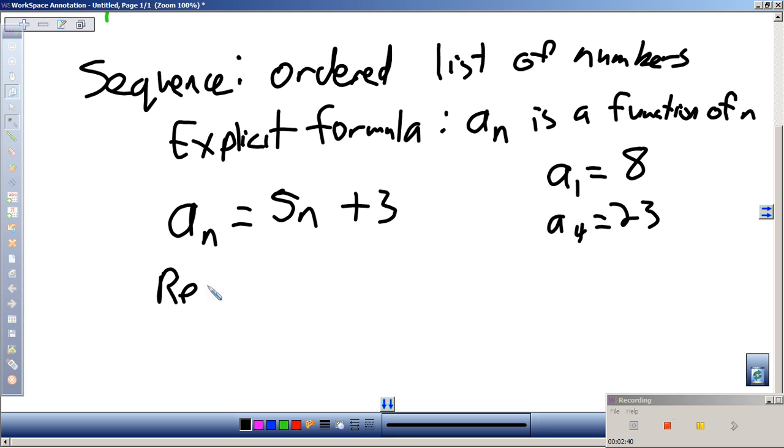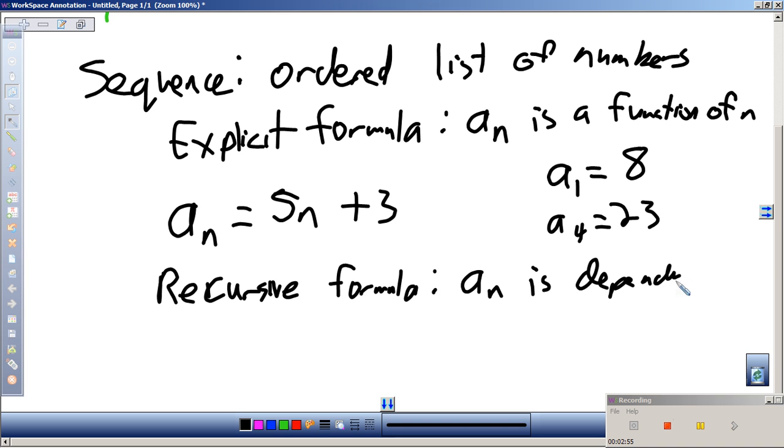We also have recursive formulas. This one is where a sub n is dependent on the previous term.